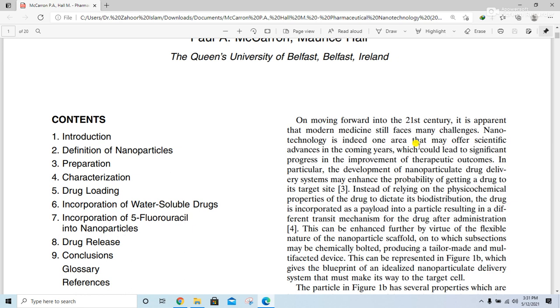On moving forward into the 21st century, it is apparent that modern medicine still faces many challenges. Nanotechnology is indeed one area that may offer scientific advances in the coming years, which could lead to significant progress in the improvement of therapeutic outcomes. In particular, the development of nanoparticulate drug delivery systems may enhance the probability of getting a drug to its target site.